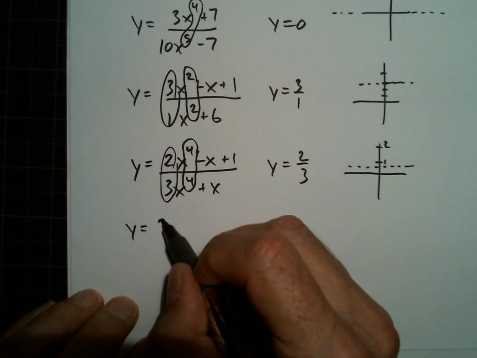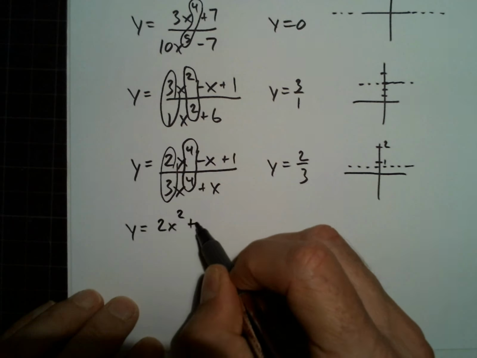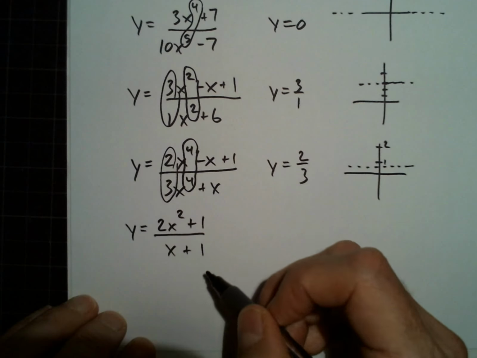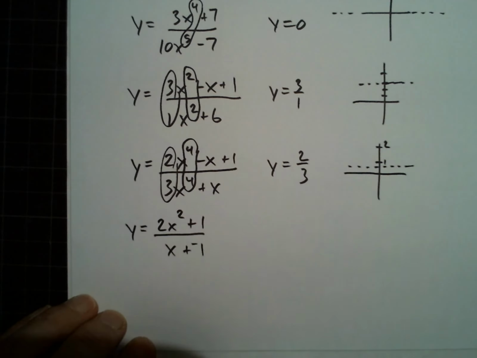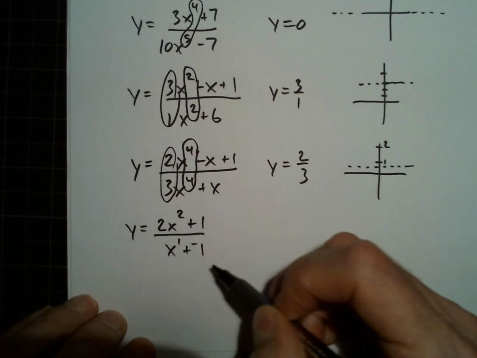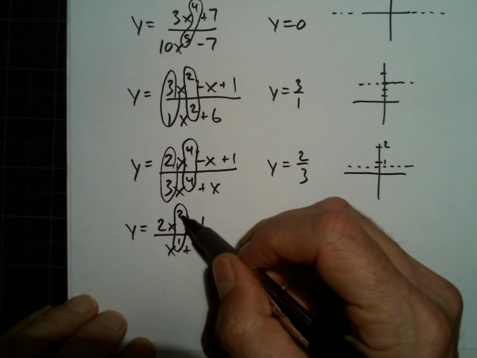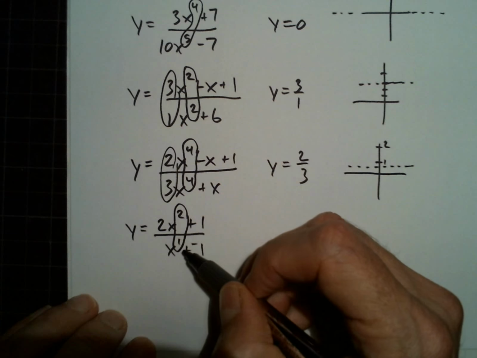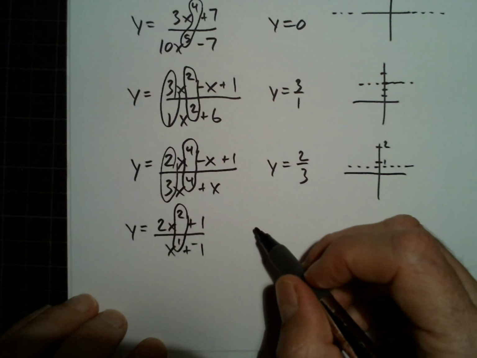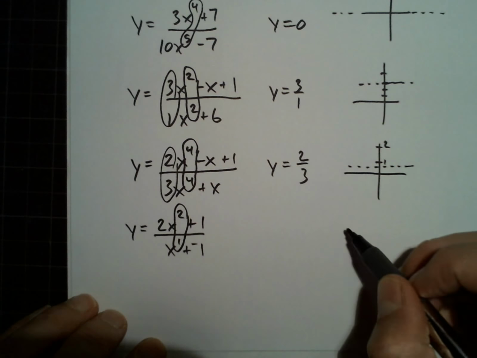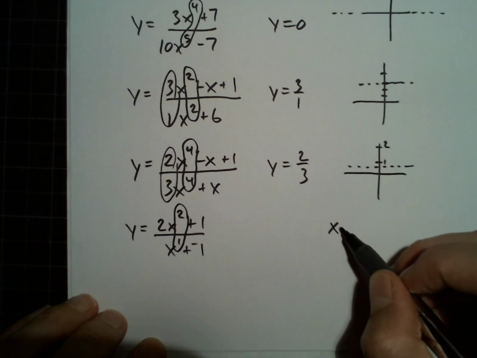And if we have this and we have a numerator with a degree that's 1 greater than the denominator, then we get an oblique asymptote. And to find the asymptote, we do division.